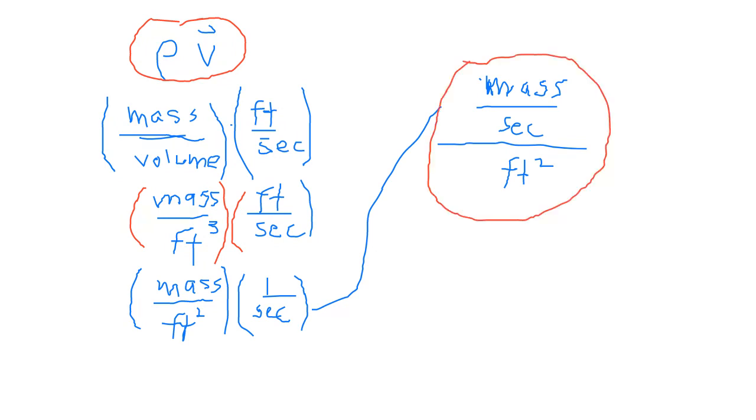The density times the velocity field, the units can be thought of as mass per second over feet squared.